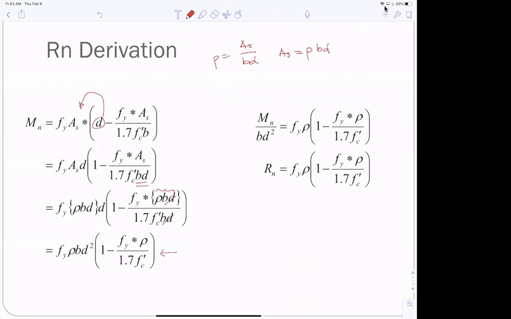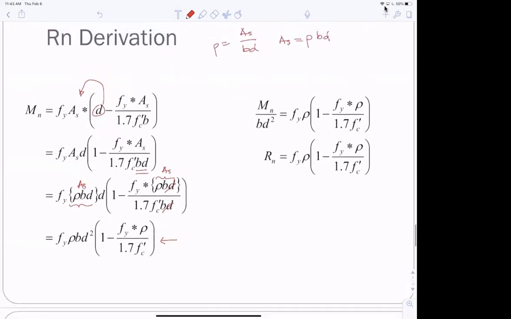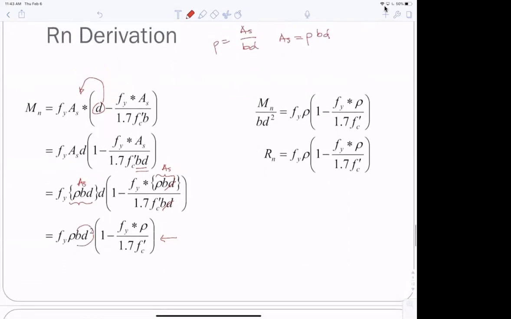So we're getting good. And then what we did was we took this bd here. And here's As bd. Okay, and here was As, which is rho bd. So you end up with this. And what we're going to do, we're going to take this and put it on the other side.